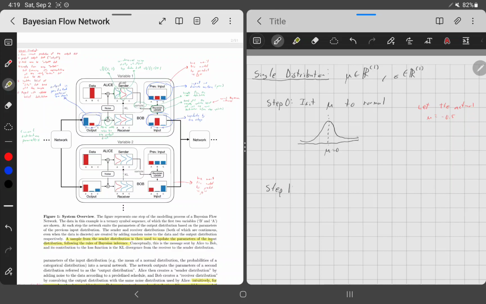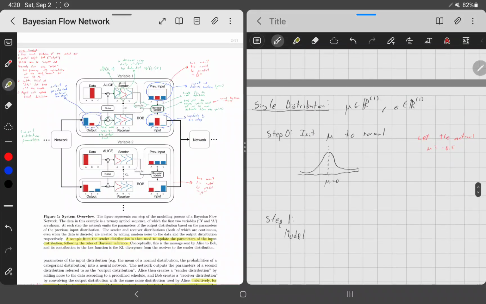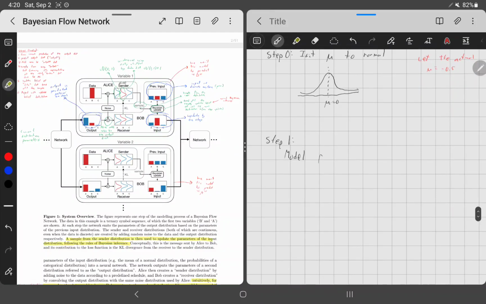Now step 1. So we have multiple parts, and you can think of this as the first step in the diffusion process. The first part of step one is that the model predicts the output distribution.